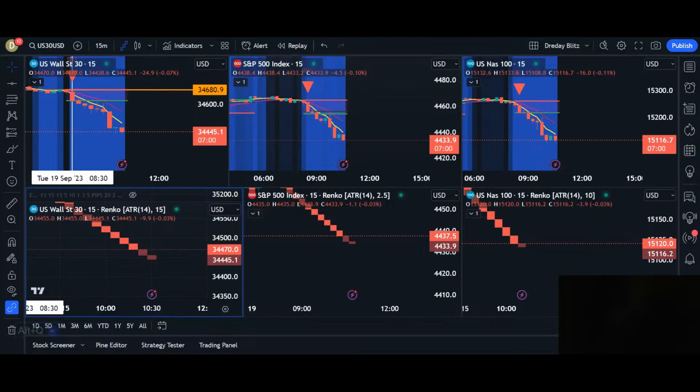And that's exactly what happened. As long as the market is still bearish, I'm still in the trade. Right now, there's no indication that the market is reversing so far, so we're still looking to keep our trade open on the downside.